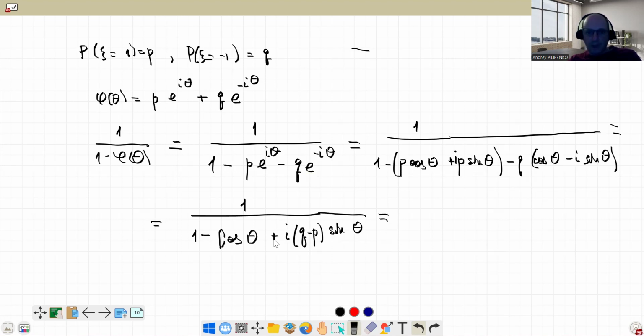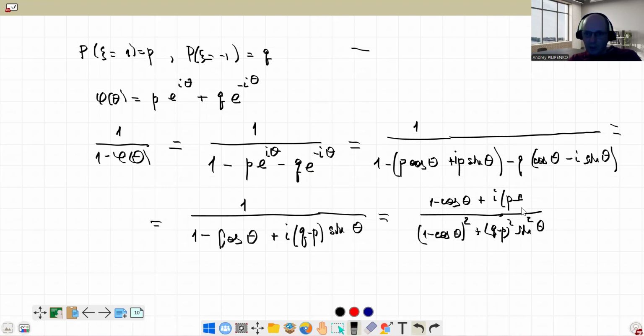Well, let me multiply numerator and denominator by the conjugate number. So 1 minus cosine theta. Then the result will be this plus (q minus p) squared sine squared theta. And the numerator will be 1 minus cosine theta plus i (p minus q) sine theta.